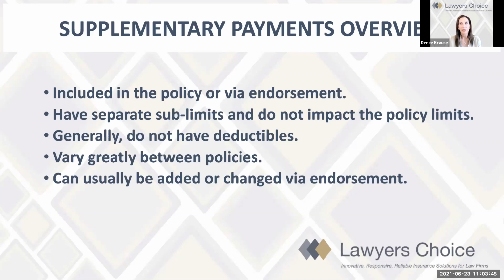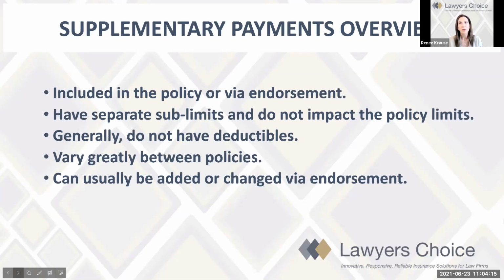Also, they vary greatly between policies. So in our discussion today, I'm giving you some general descriptions and amounts that are found in a policy, but it's real important that you look at your policy to see specifically what it allows under supplementary payments and how they are described, because one type of payment or one type of coverage can vary greatly between policies.